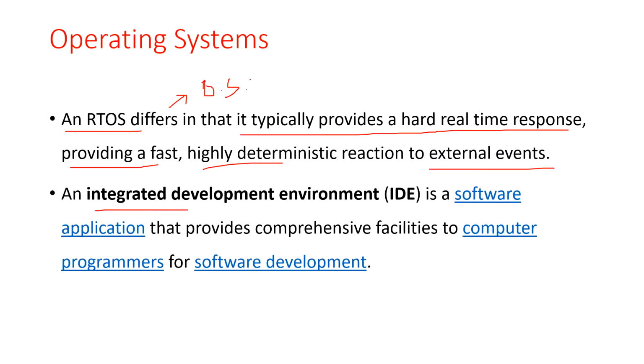In a general purpose operating system, deterministic reaction to external events is not required. Some delay is expected in a general purpose operating system, but the same delay is not expected in embedded systems. In an embedded system we expect that as soon as the input comes there should be an output, in real time. That's why we have to use an RTOS for embedded systems.